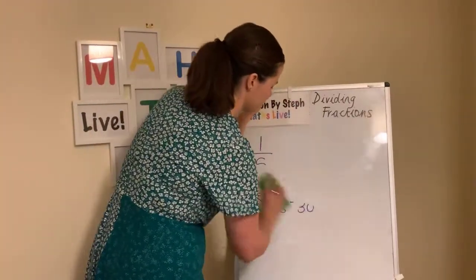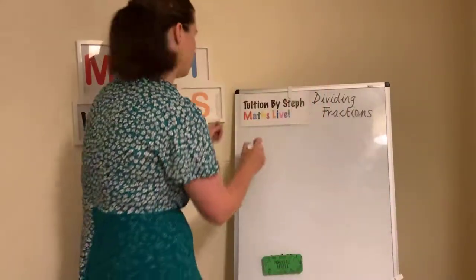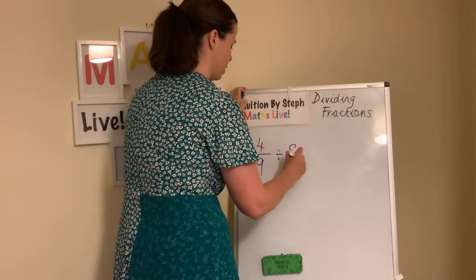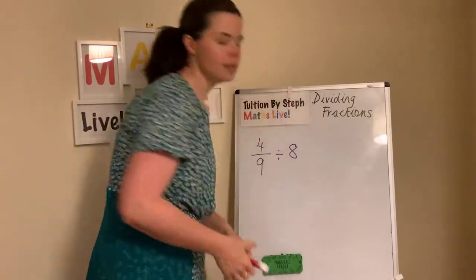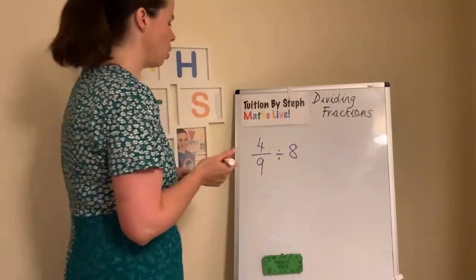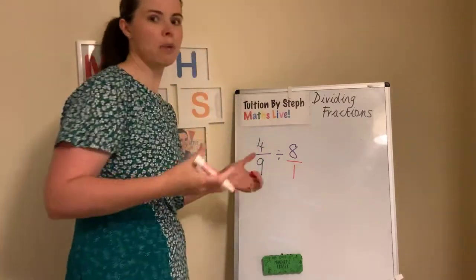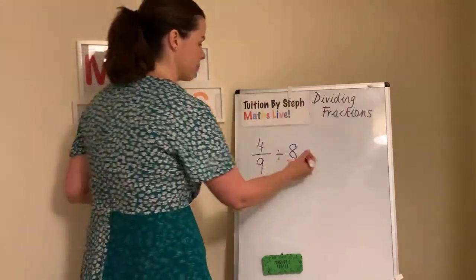Okay? So I'll show you another one. Let's do 4 ninths divided by 8. 4 ninths divided by 8. So remember, you can't divide a fraction by a whole number. So we make it not just 8, but 8 ones, which is still 8. And then we do KFC.